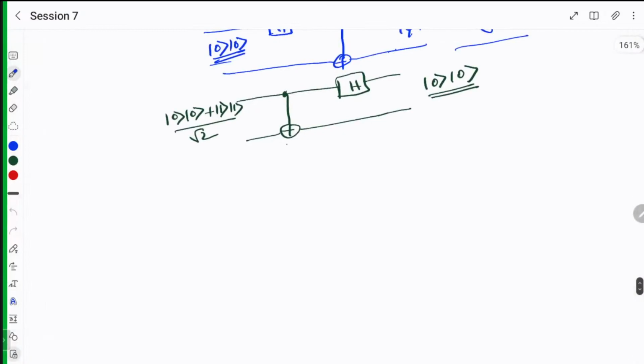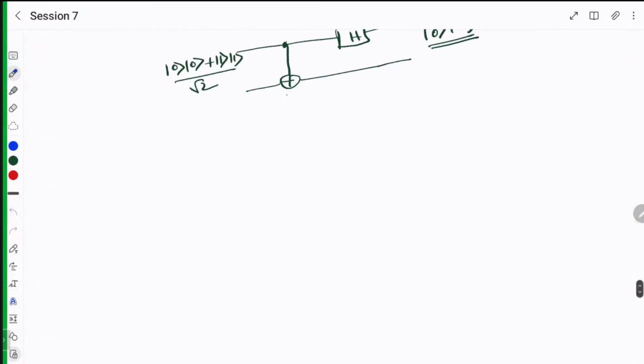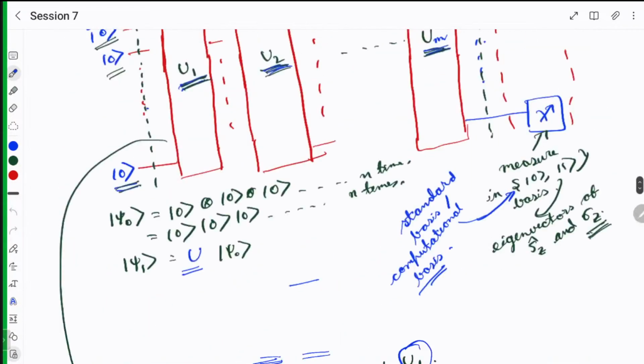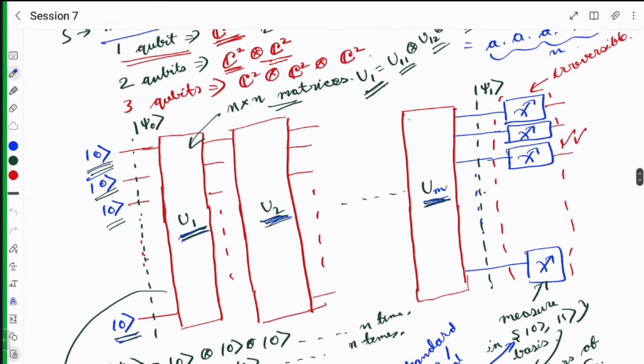As you remember, when I told you how a general quantum circuit will look, I told you that these measurements are all in the ket 0, ket 1 basis. At the end of the measurements, you will get either ket 0 or ket 1, and you can map these to classical bits.